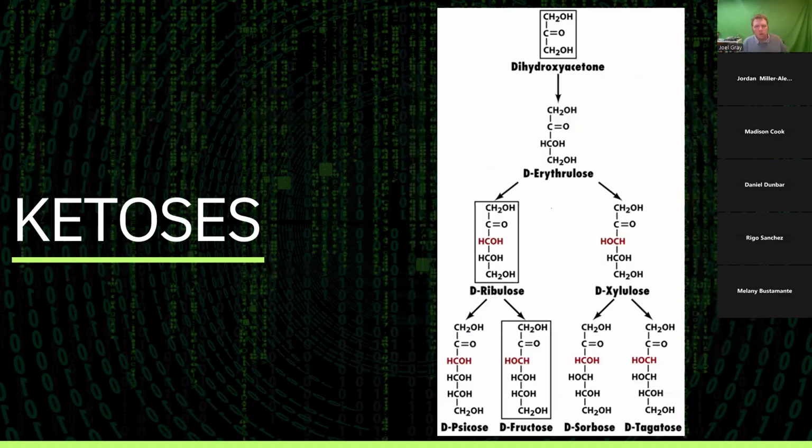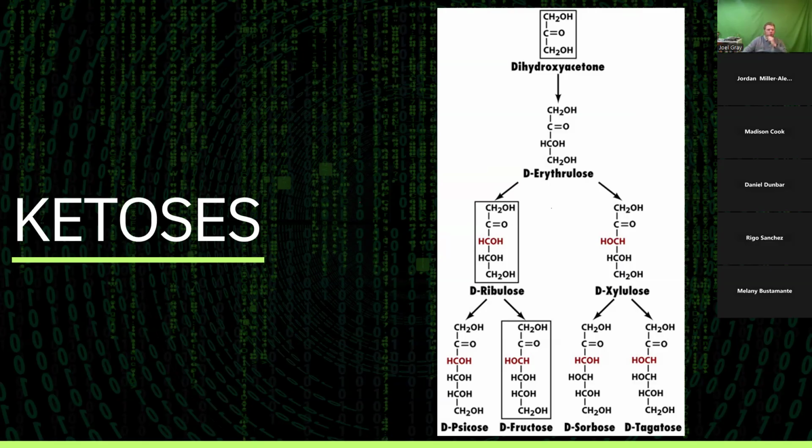Okay, now here are your ketoses. For your ketoses, I want you to know the structures that have the rectangles around them. Now, let me ask you this, and please answer. Are 3 carbon long structures, like dihydroxyacetone, should it have a D or L in front of it?